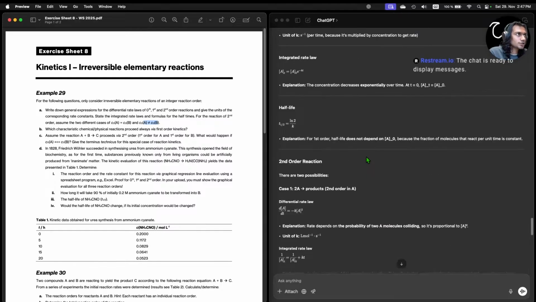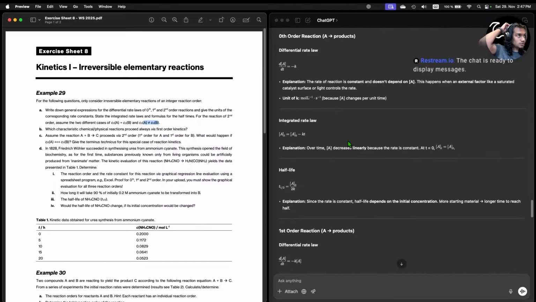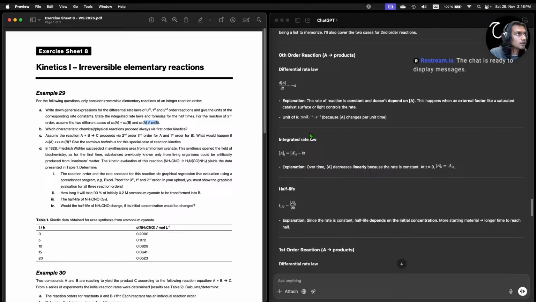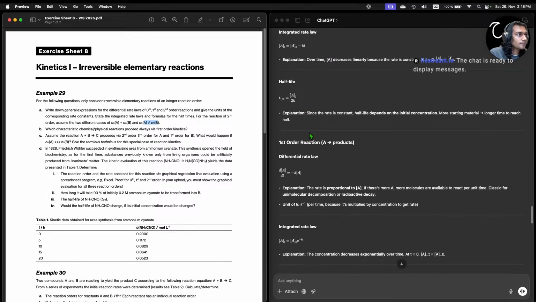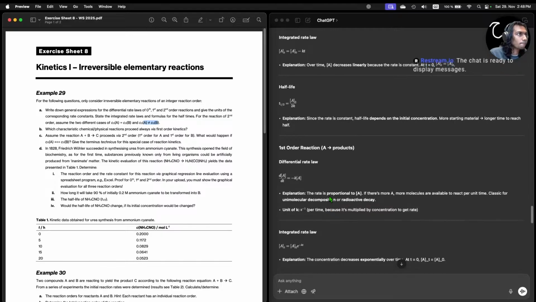First order reaction rate, dA/dt equals minus k times concentration. T half is A0 by 2k. A0 e raised to minus kt.